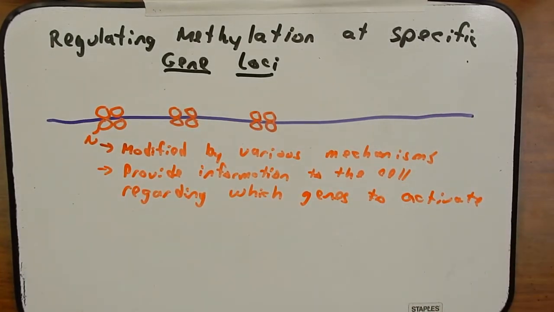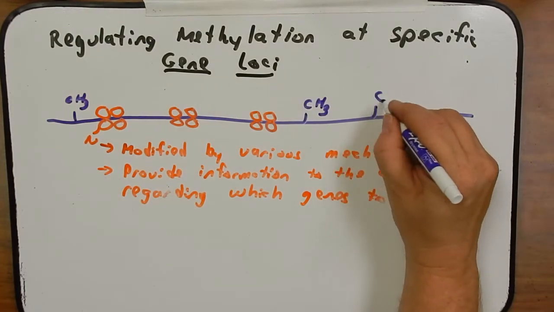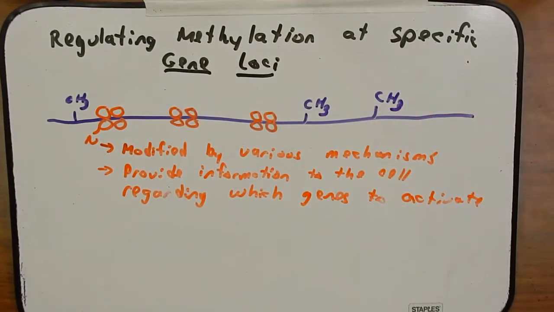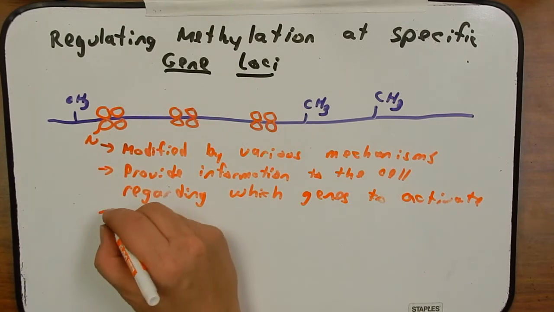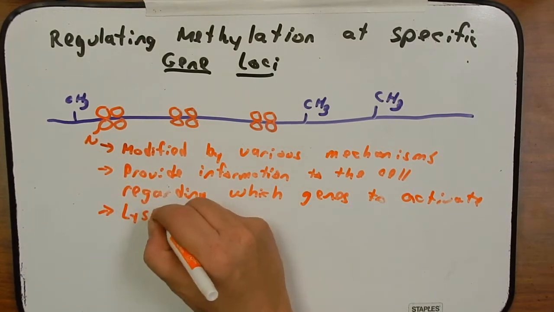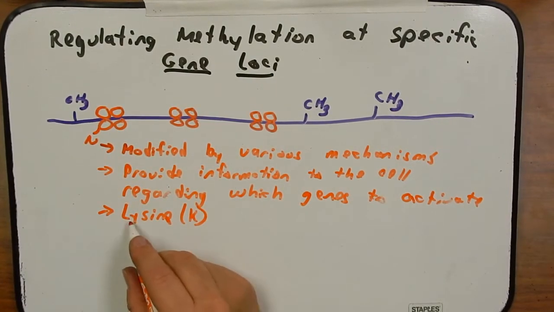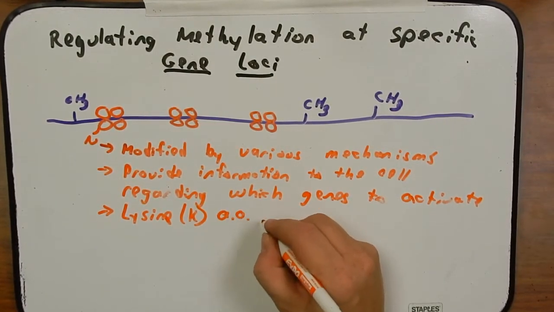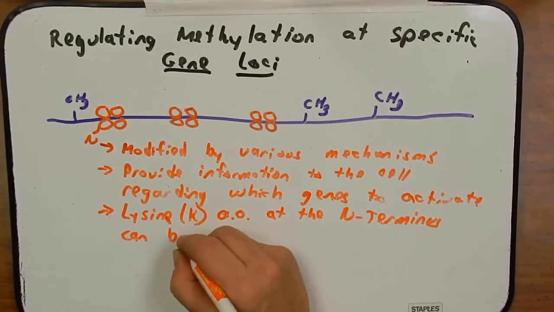Now, up to this point in these series of podcasts on methylation, we've talked about how DNA can be methylated. We've been all about methylating the DNA. But now I'm going to talk about what happens if we methylate the histone, the protein. So specific lysine amino acids, the single letter code for lysine is K, at the N terminus can be methylated.